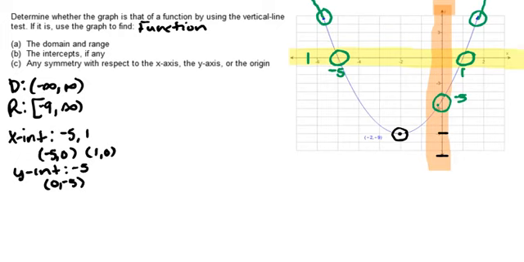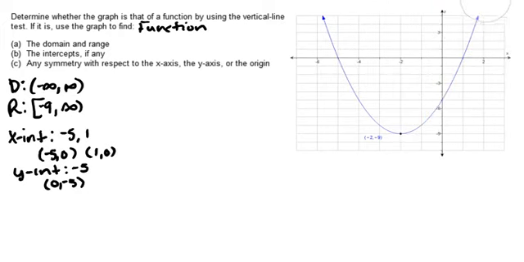And then we have our final part, which is looking for symmetry. Symmetry with respect to the x-axis, y-axis, or origin. So when you have symmetry with respect to the x-axis, I'm going to erase all this. Symmetry with respect to the x-axis means if you look along the x-axis, you want to have a mirror image above and below the x-axis.